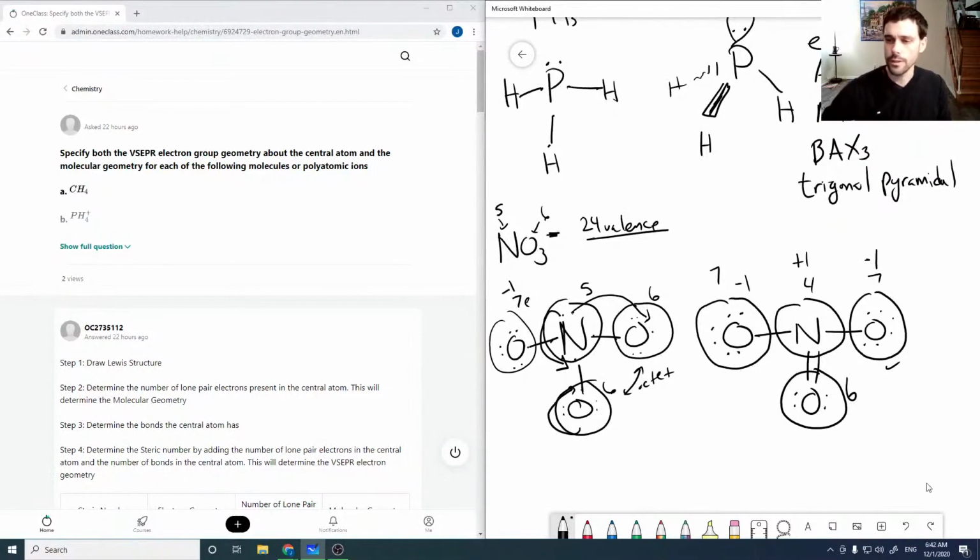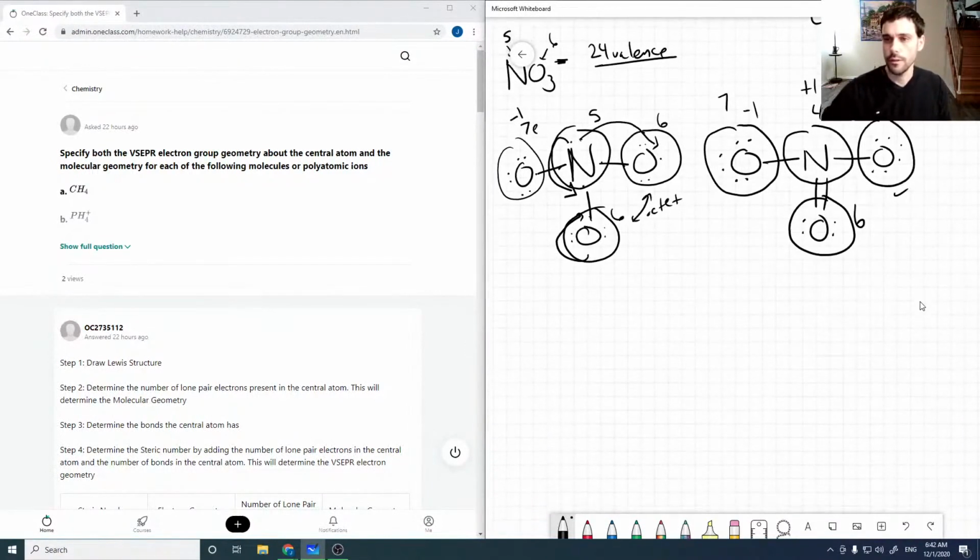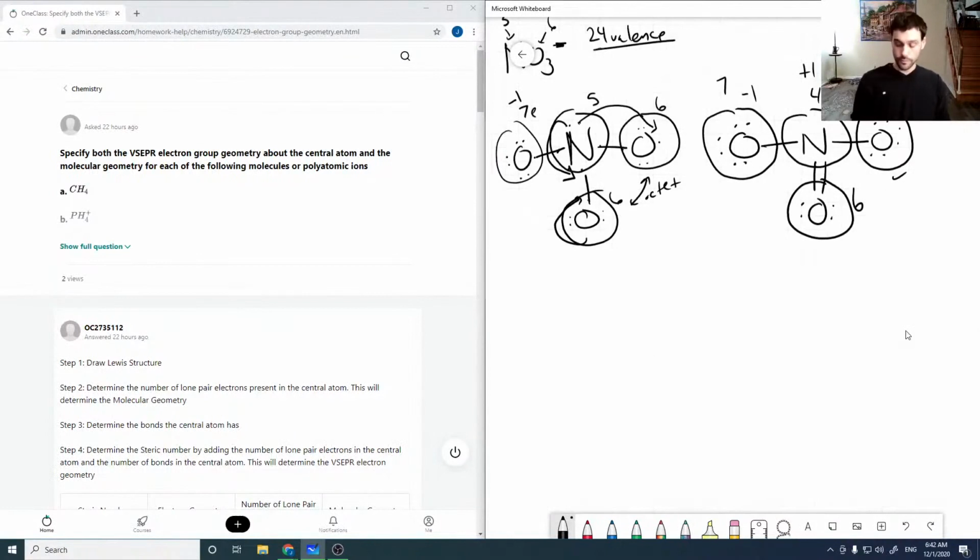If we draw the 3D structure now, all the electrons are going to try to be as far away as possible, but the double bond is going to constrain it, so it's going to be something more like this.